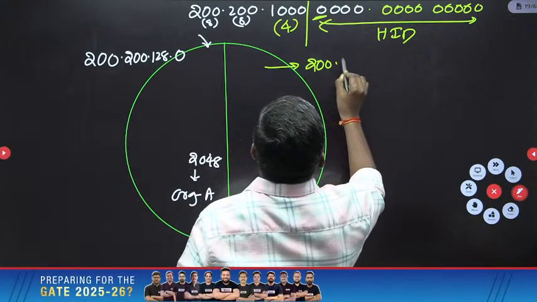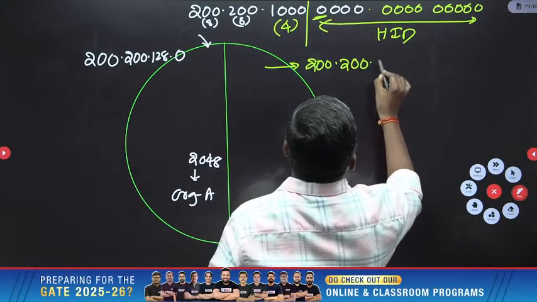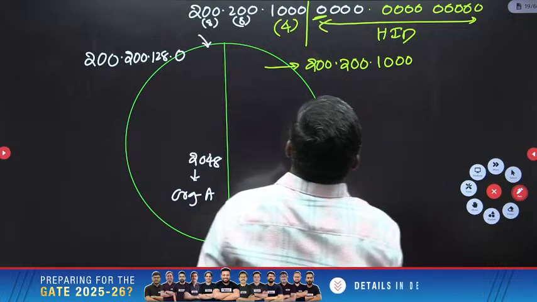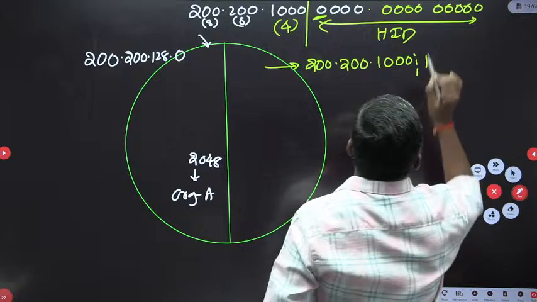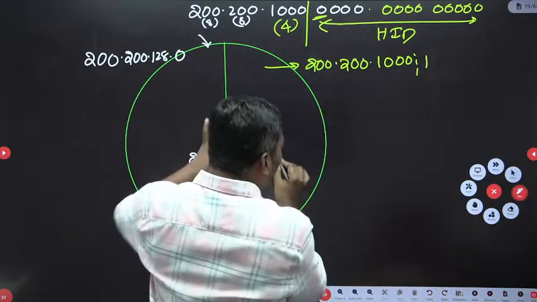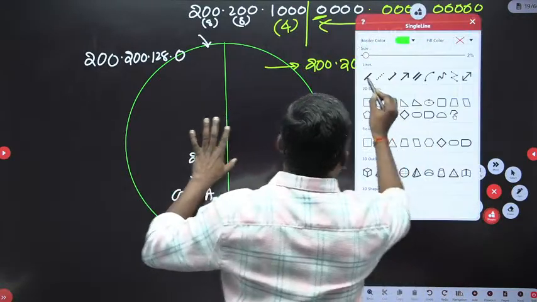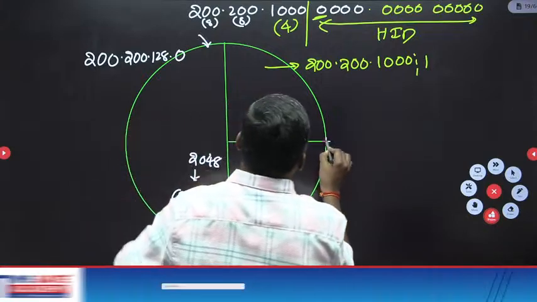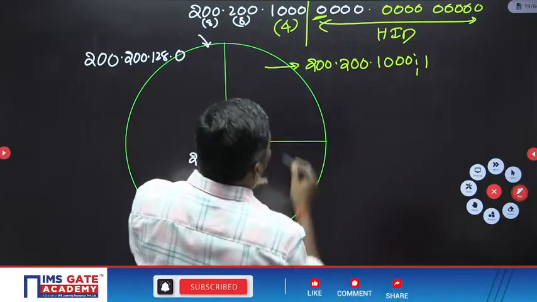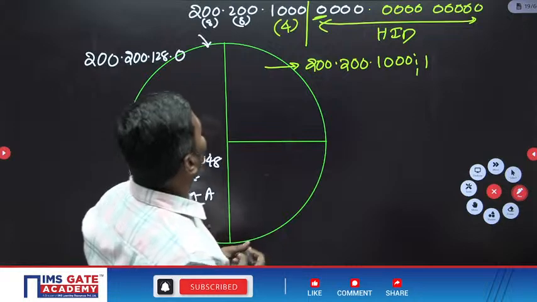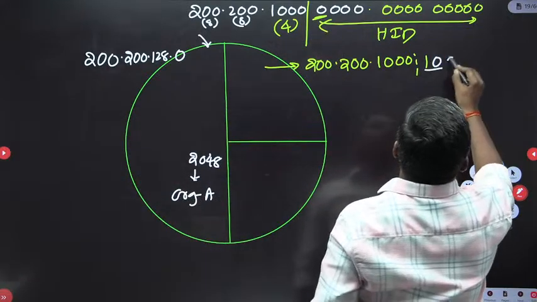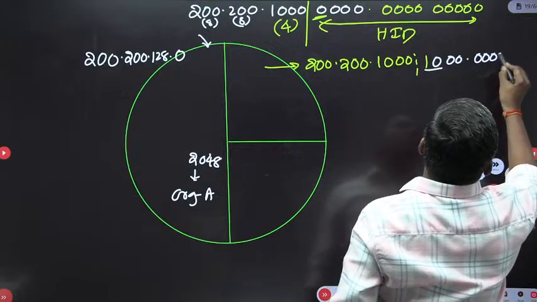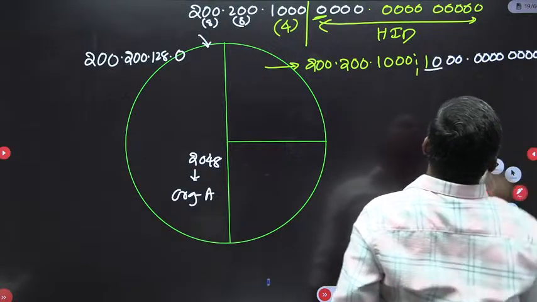200 dot, please understand, 1000, we cannot touch, okay. Now this bit is 1. But quarter means I have to divide it further, right? So to divide this one, one more bit you have to borrow. So the bit is 1 0 like this, then 00.0000000.